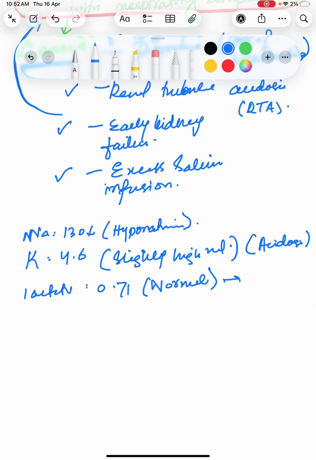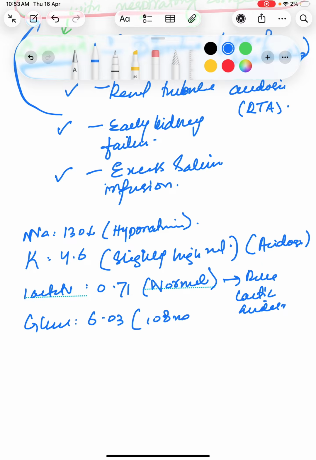For this we have to rule out lactic acidosis. Okay, the glucose is 6.03, so this is not diabetic. Partial pressure of O2 is 92. So oxygenation is okay.